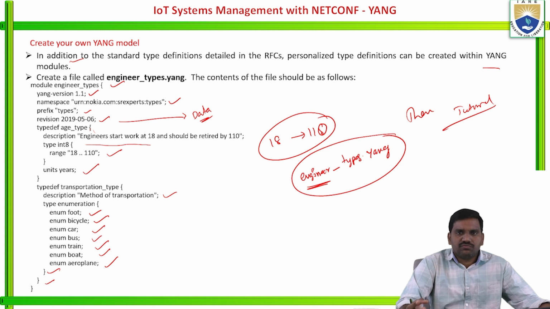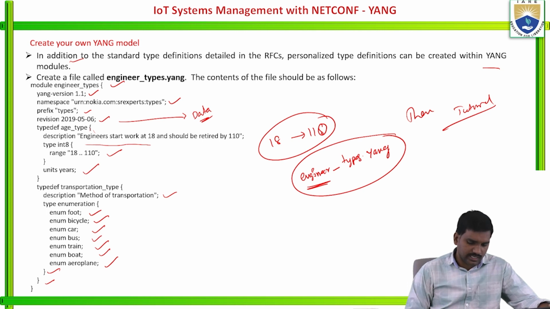It defines engineers' age between 18 and 110, along with the mode of transportation they can use. So this is the first part, how to create your own YANG module.